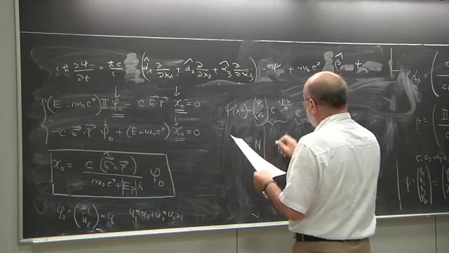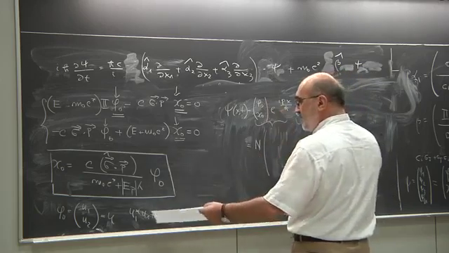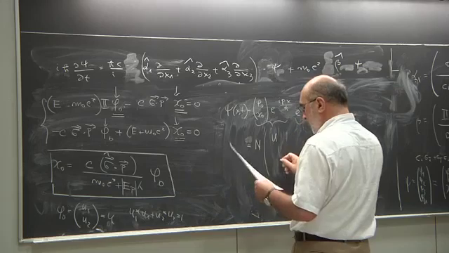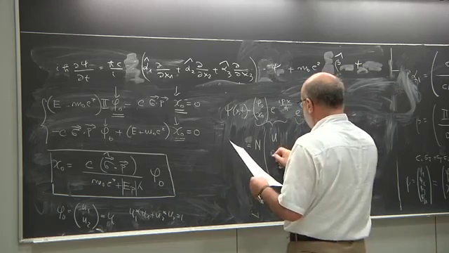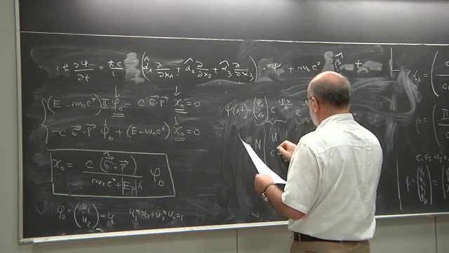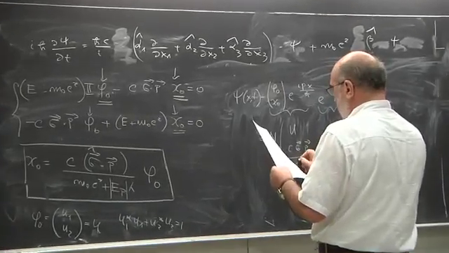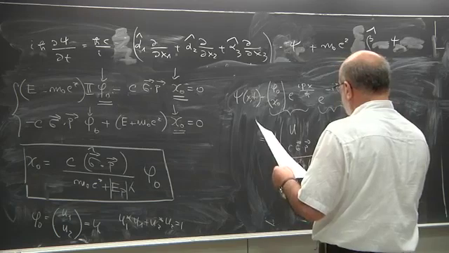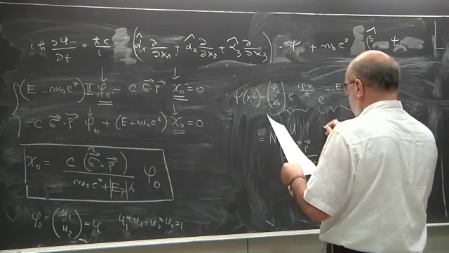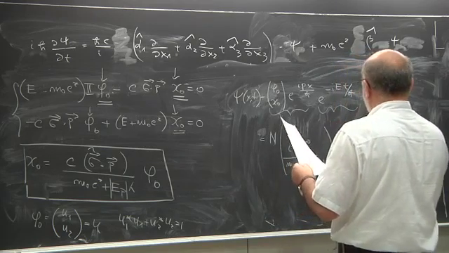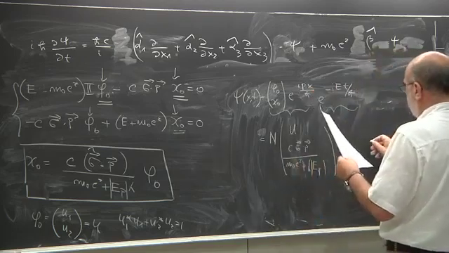So n, then I have phi 0, but phi 0 is u, so u. And then I have the other, that is c sigma dot p over m0 c squared plus lambda EP, exponential. Now I put all this together.